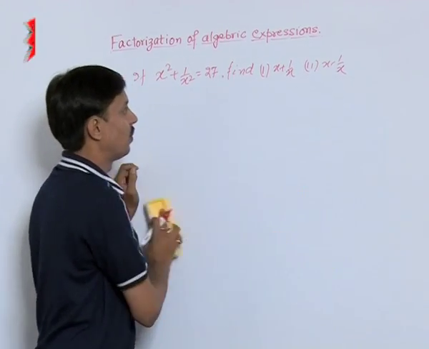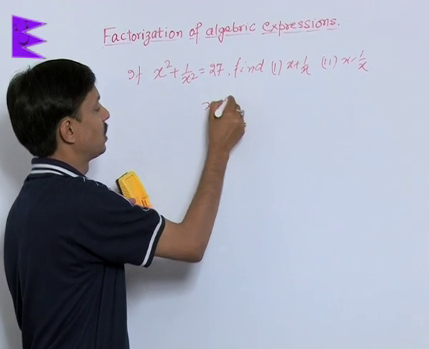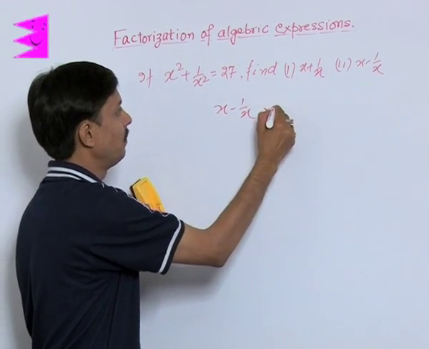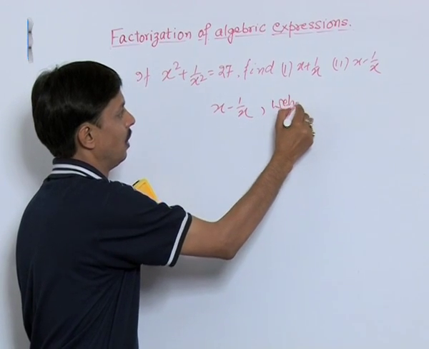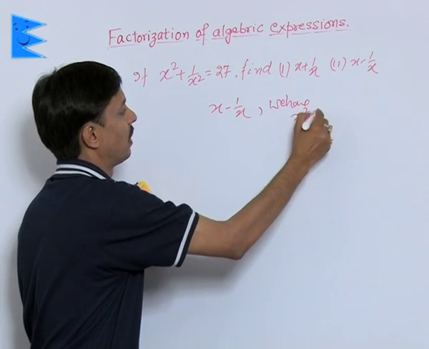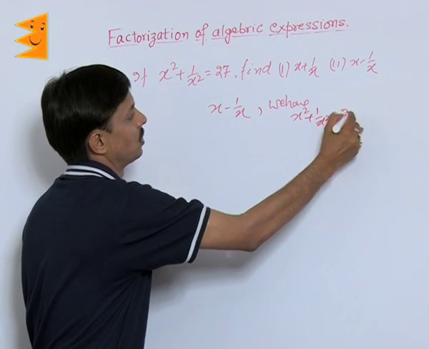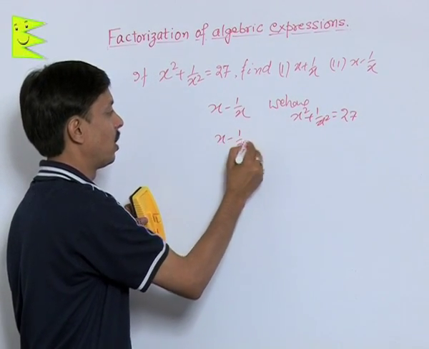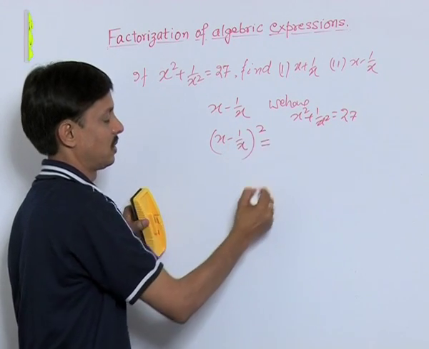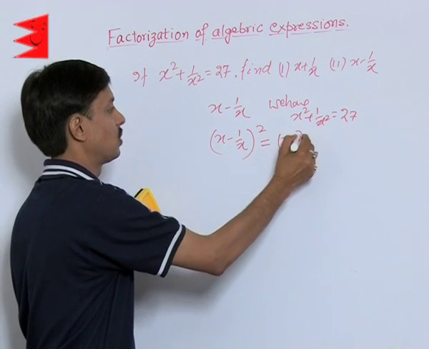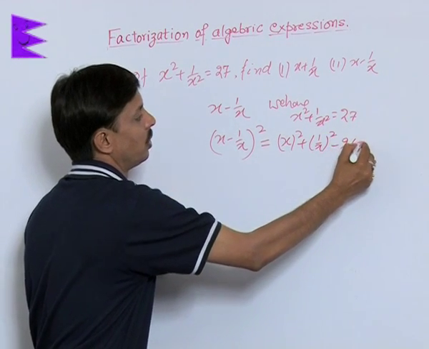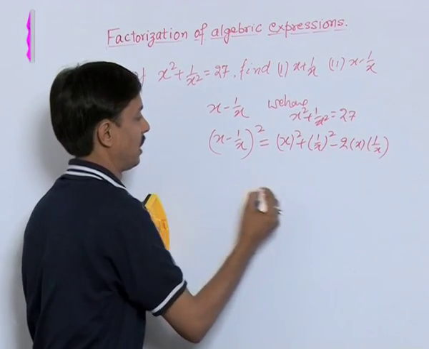We want to find the value of x minus 1 upon x, where given is the same value, x square plus 1 upon x square is equal to 27. So if I ask you what is the whole square of x minus 1 upon x, you will say it is x square plus 1 upon x square minus 2 into x into 1 upon x.